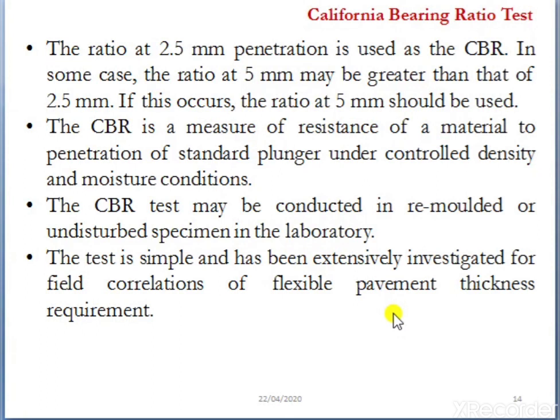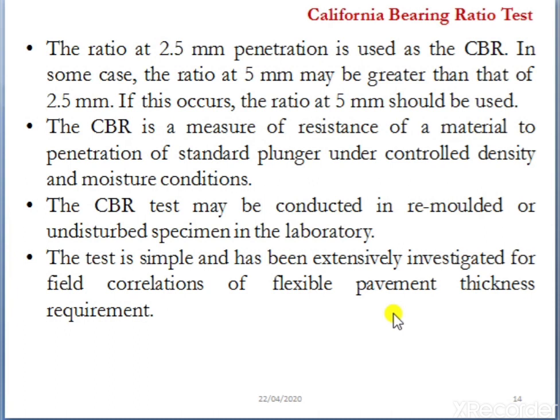The ratio at 2.5 mm penetration is used as the CBR value. In some cases, the ratio at 5 mm may be greater than that at 2.5 mm. If this occurs, the ratio at 5 mm should be used. So here, the CBR value is considered for a depth of 2.5 mm penetration.